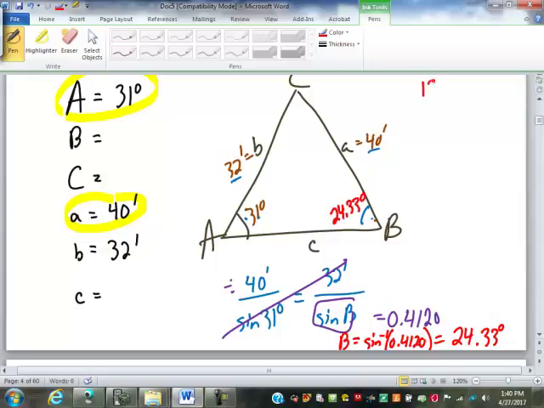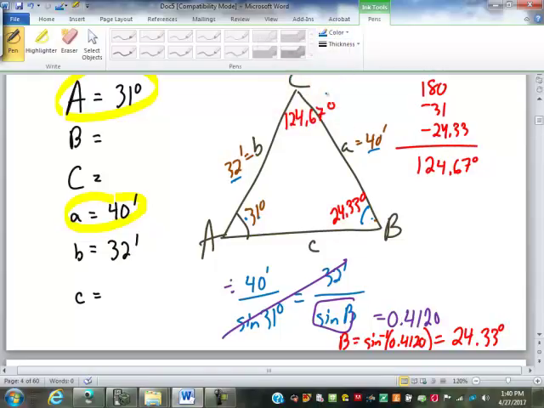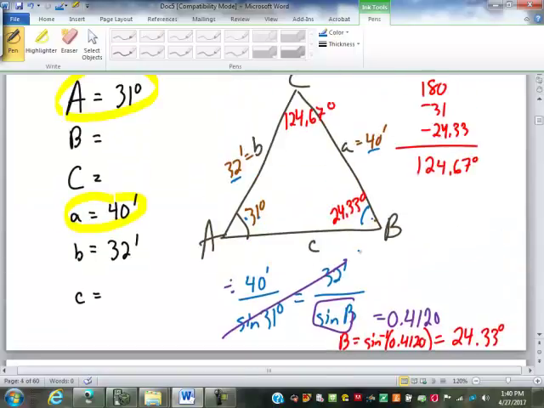This angle up here is 180 minus 31 minus 24.33. Otherwise known as 124.67 degrees, correct? Now, obviously, that's an obtuse angle, and I drew it acute, but it's okay. The numbers are still going to work. Finding side C. Well, we've still got 40 feet over the sine of 31 degrees equals C over the sine of 124.67, right?